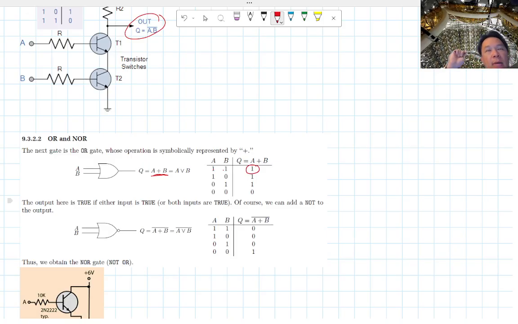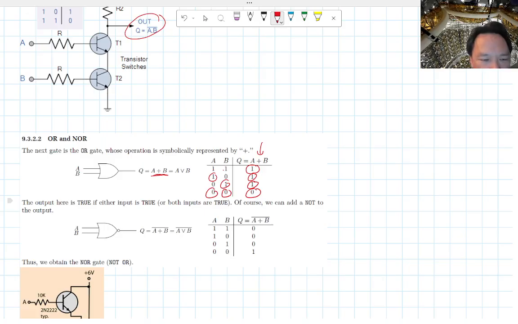If both of them are high, fine, it just gives you a high also. So if A or B is high, it gives you 1 as the output. If neither is high, that's the only case it gives you 0. It is represented by a plus, which I don't especially like, but that's the way it was developed.